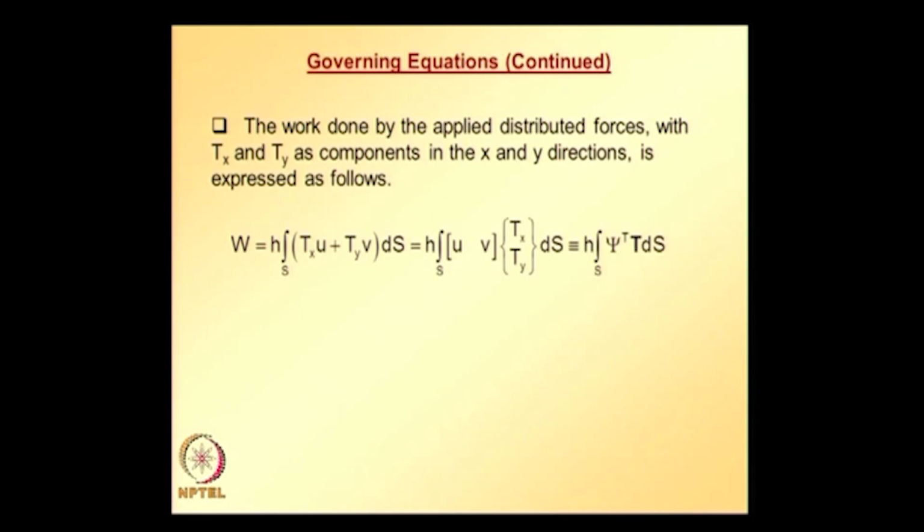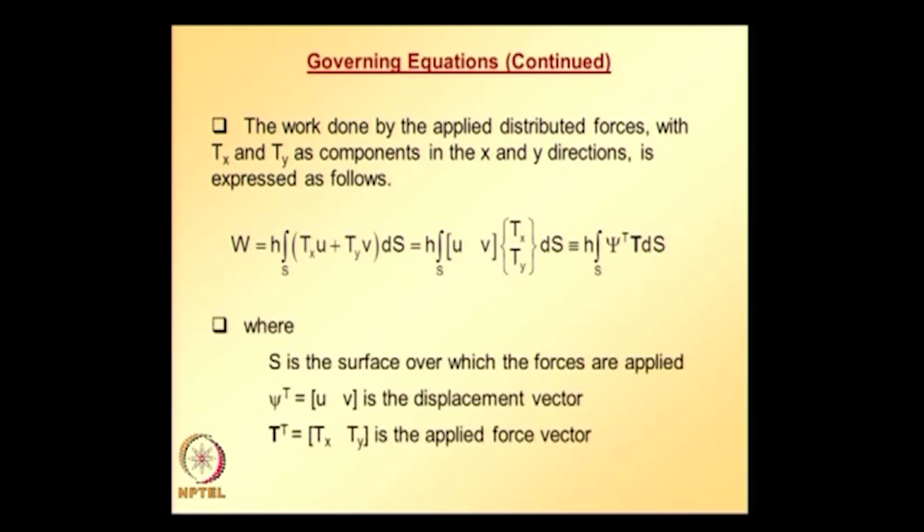And Tx times u plus Ty times v can be written in a matrix and vector kind of notation, which is shown there, and compactly it can be written as psi transpose T, where S is the surface over which forces are applied, and the displacement vector is denoted with psi and the applied force vector is denoted with T.